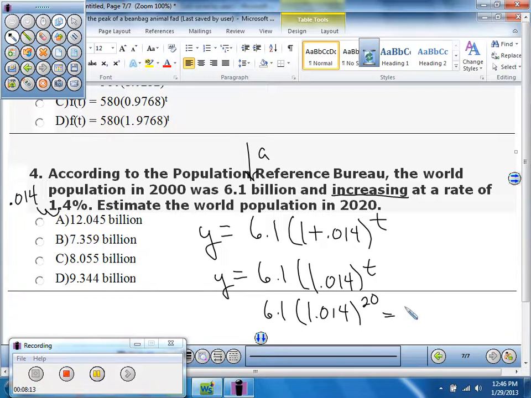So we end up with 8.055 billion. So it's going to increase by close to 2 billion people from 2000 to 2020. And this was our answer.